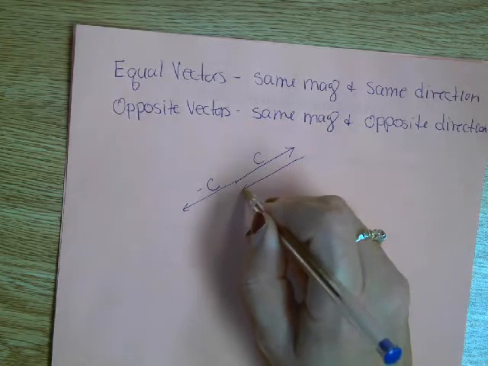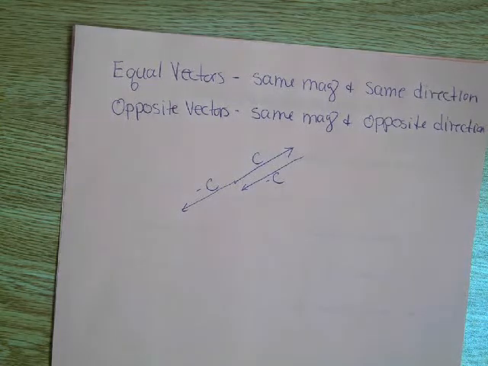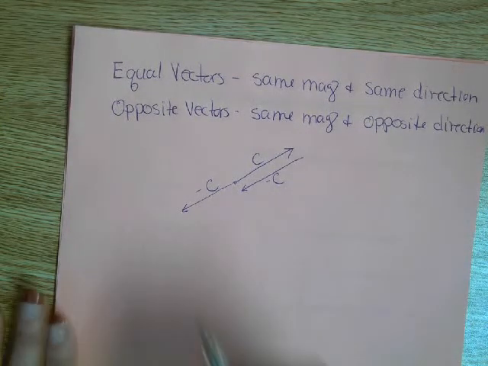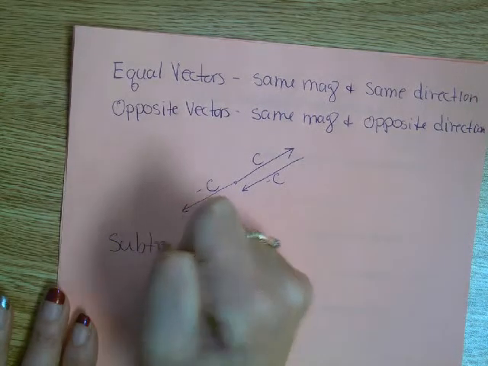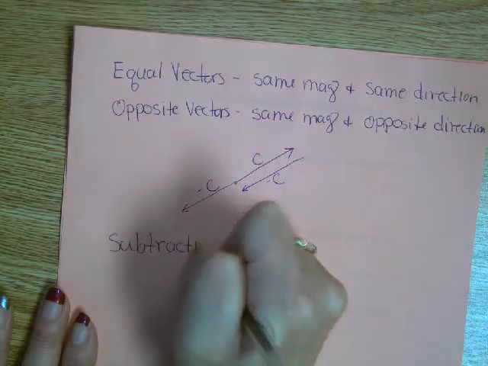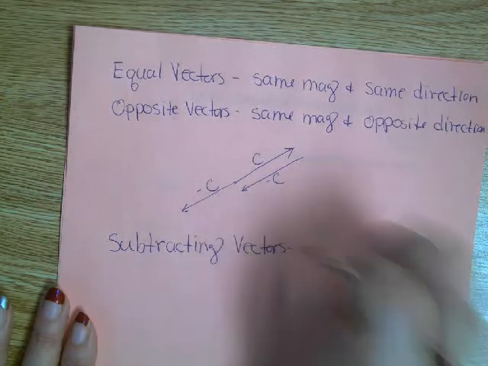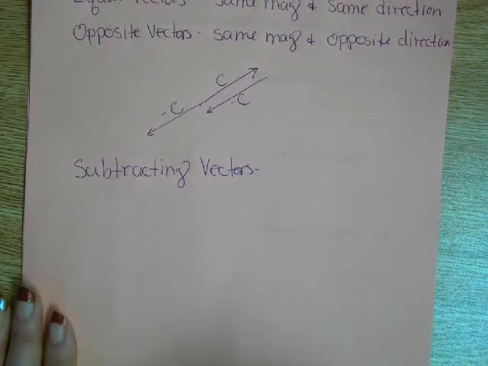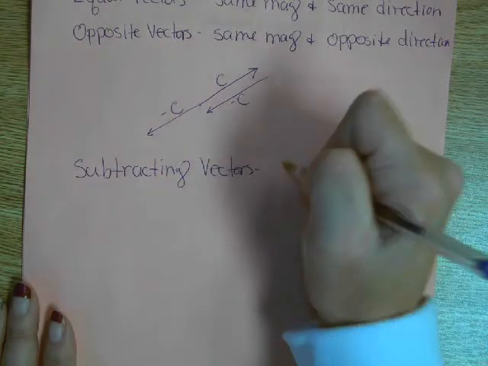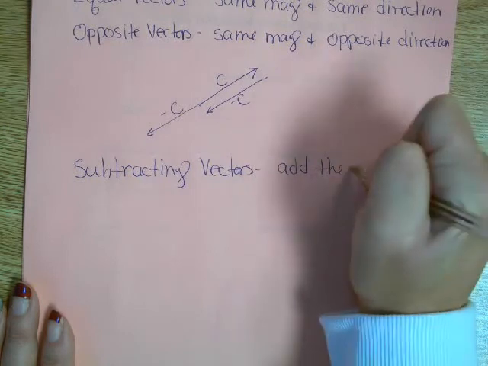Just that it's going to have the exact same length, but pull in the 180 degree opposite direction. So, what that leads us into is subtracting vectors. Just like when you learn to subtract integers, you just add the opposite. So subtracting vectors, you add the opposite vector.